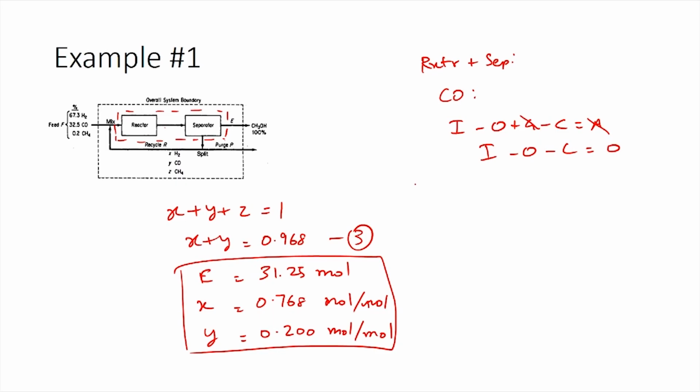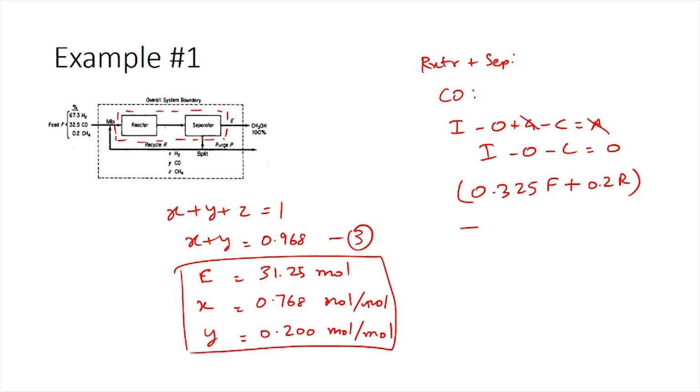The input term would be 0.325 times F plus 0.2 times R. This accounts for the carbon monoxide entering through the fresh feed and the carbon monoxide entering through the recycle stream. Minus output would be carbon monoxide leaving through the stream which is then split as recycle and purge.